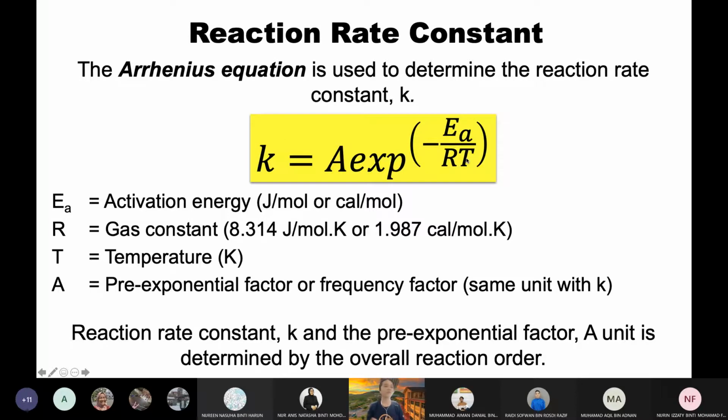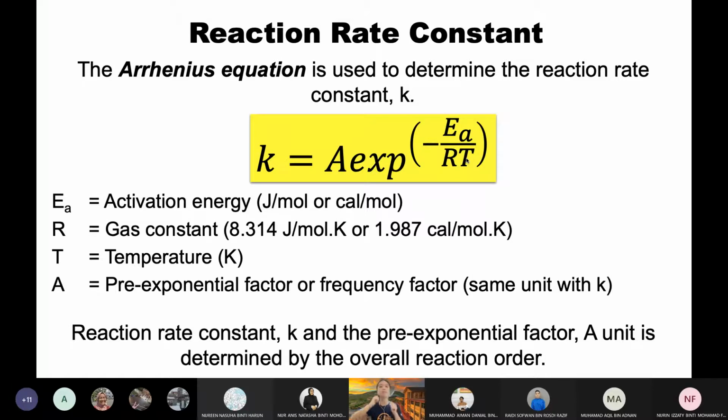Okay, so what does it mean? First of all, A kamu dah tahu. EA is activation energy, which I will teach you a little bit later. What's the concept of activation energy? R is the gas constant, T is temperature.